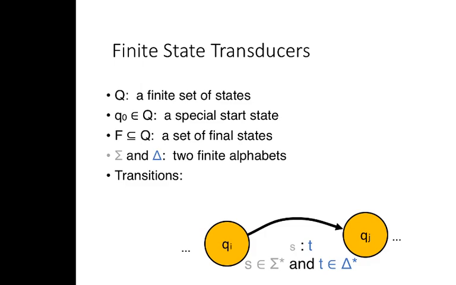We often separate them with a colon: one on the upper side and one on the lower side, or one on the input side and one on the output side. You imagine having two tapes that you're reading from and writing to while you go through a finite state transducer. You read from the input tape, and when you go through a transition, you read this from the input tape and you write that to the output tape.